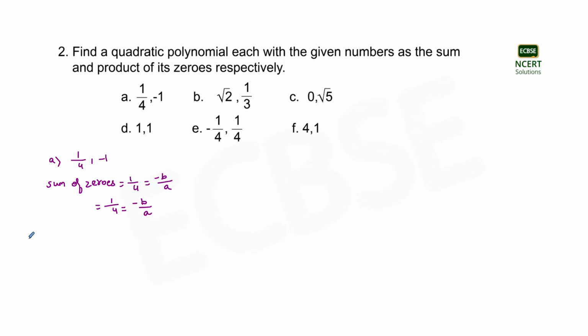Okay, and the second number denotes the product of zeros, and as we know, product of zeros is equal to c/a, so c/a is equal to -1.